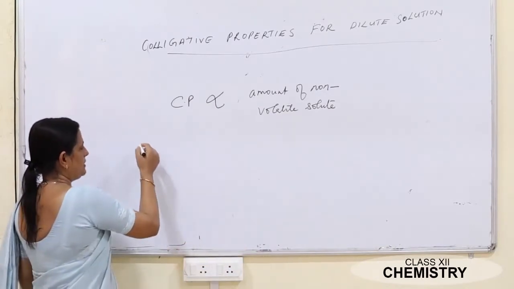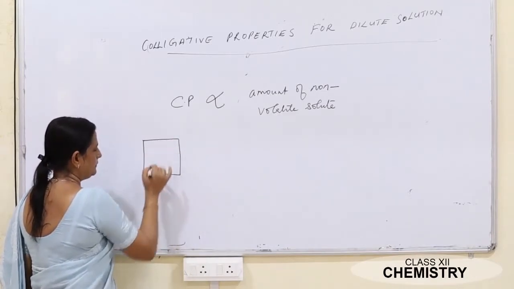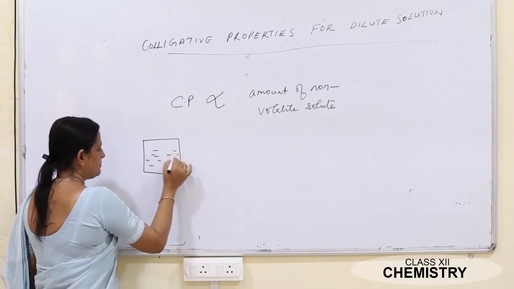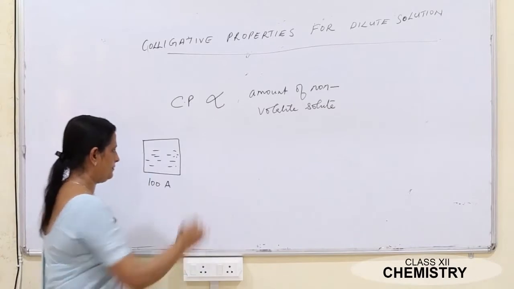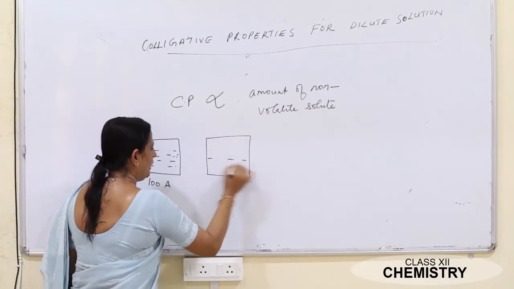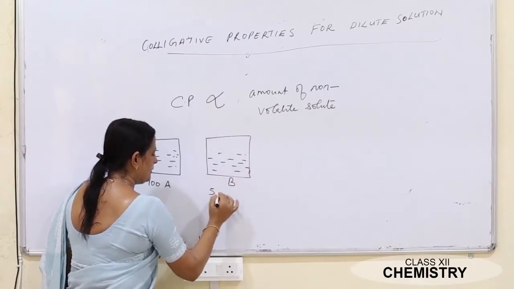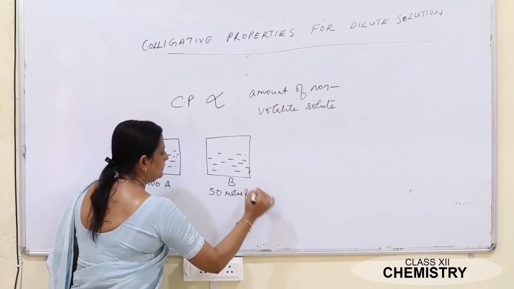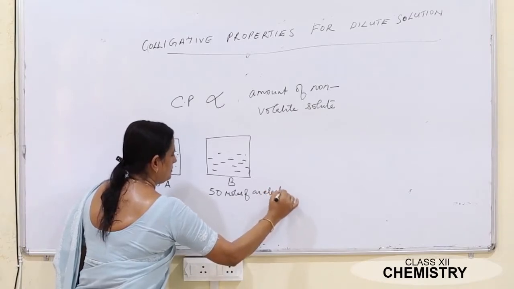I'll give you a simple example. Here I am taking a beaker. In this I am taking say 100 molecules of A. In another beaker, I am taking B, say 50 moles of an electrolyte.